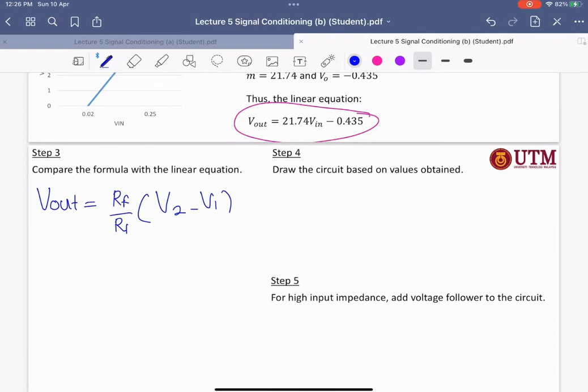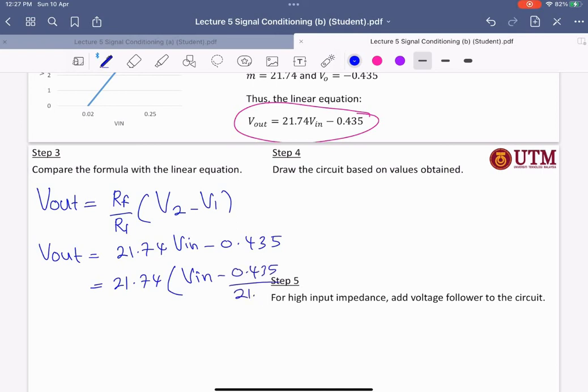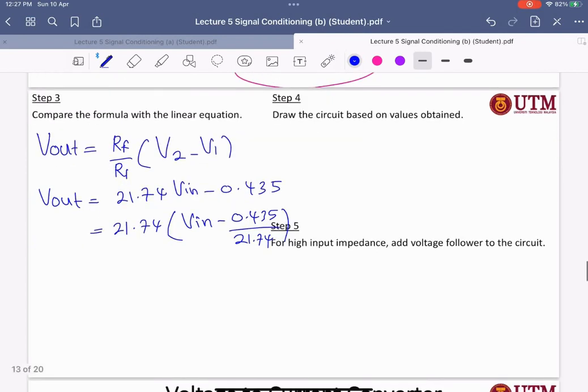Now you have the equation V out equal to 21.74 V in minus 0.435. In order to compare, you need to factorize this one first: V in minus 0.435 divided by 21.74, and I believe you get 0.02. So this is the V out. Okay.